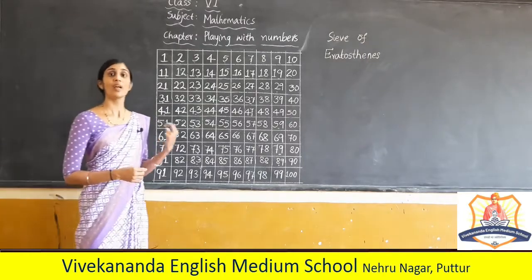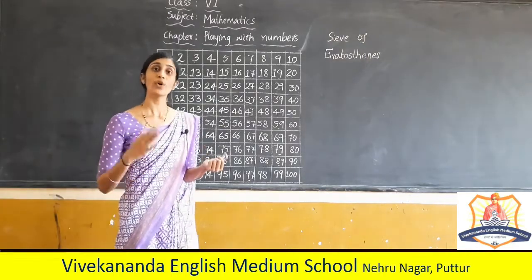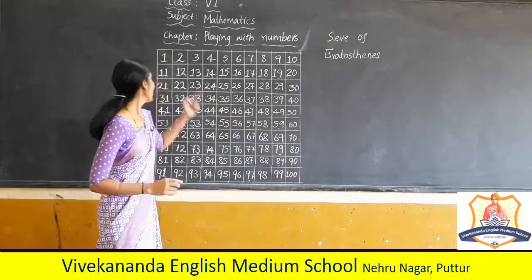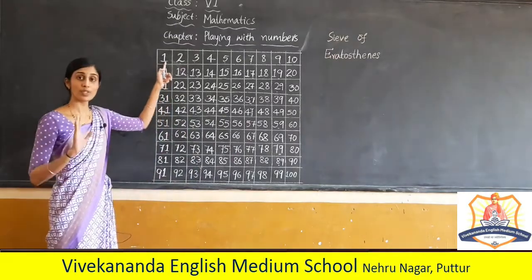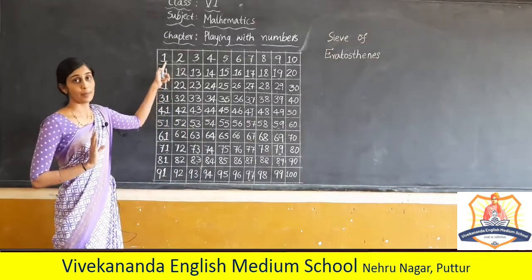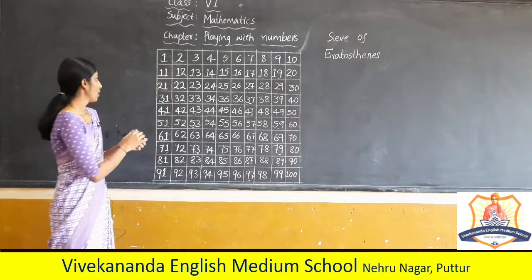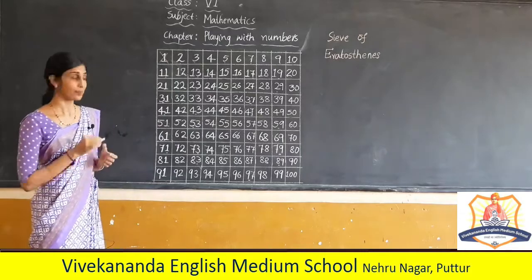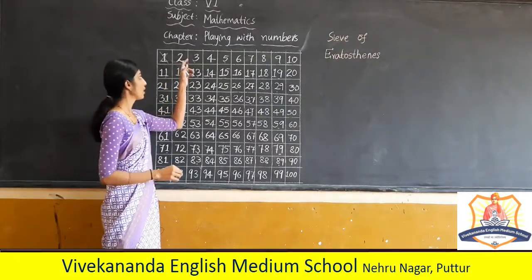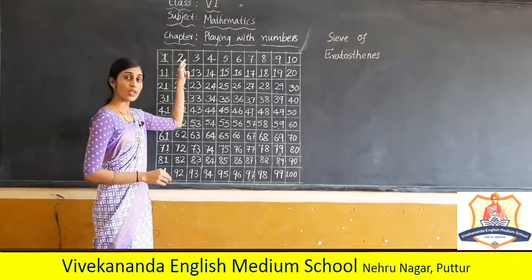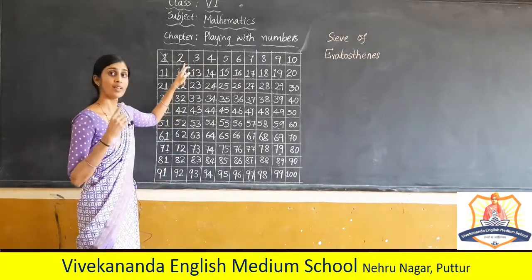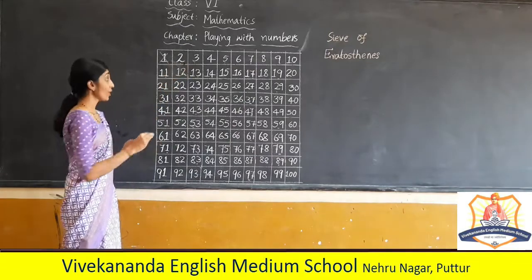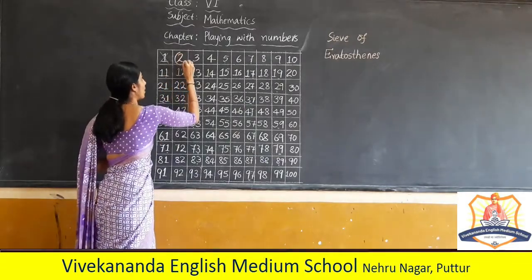Composite numbers are the numbers which have more than two factors. 1 is neither a composite number nor a prime number, right? So, I will mark it with a cross mark. Next is 2. What are the factors of 2? 1 and 2. Only two factors it has. So, 2 is considered as a prime number.